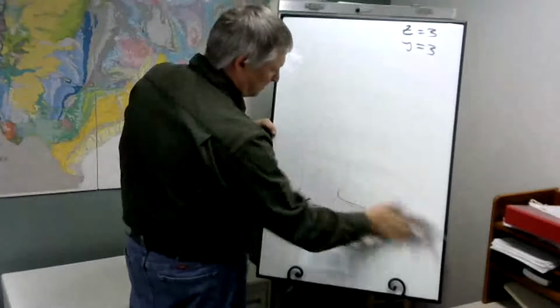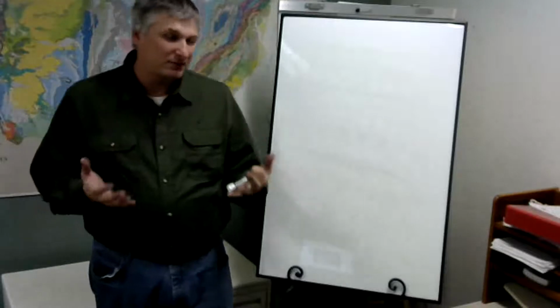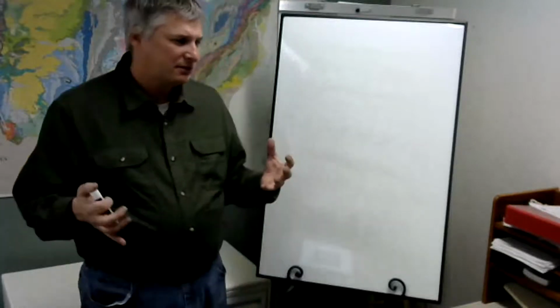Now let me find one that's a little more complicated. So that one was one way of approaching it, but we're going to actually generally deal with having to get a system of two equations that we have to solve like we did before in the previous section.